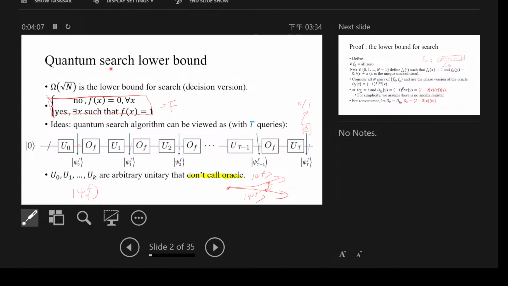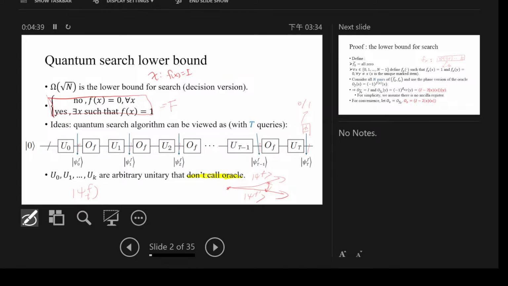Let's come back to the search problem and see how we get a lower bound on quantum search. As we said, we want to get an omega square root N lower bound. Now we are being a bit funny here. It's a lower bound for search, but we don't actually bound the search problem. The search problem says: find x such that f(x) = 1.